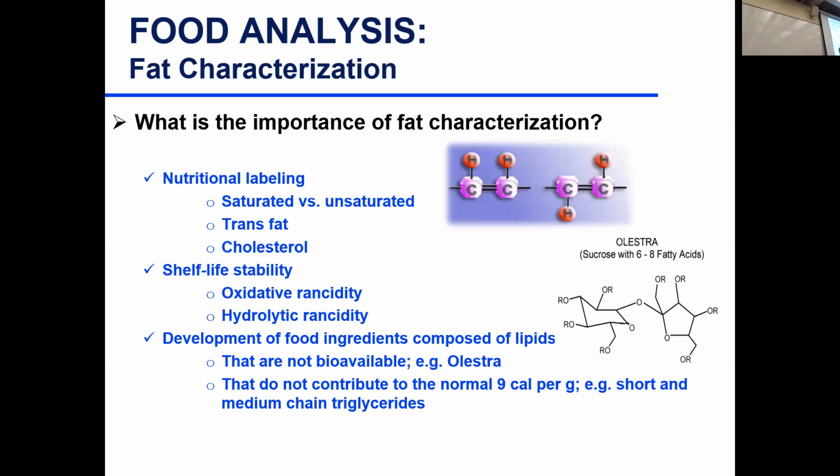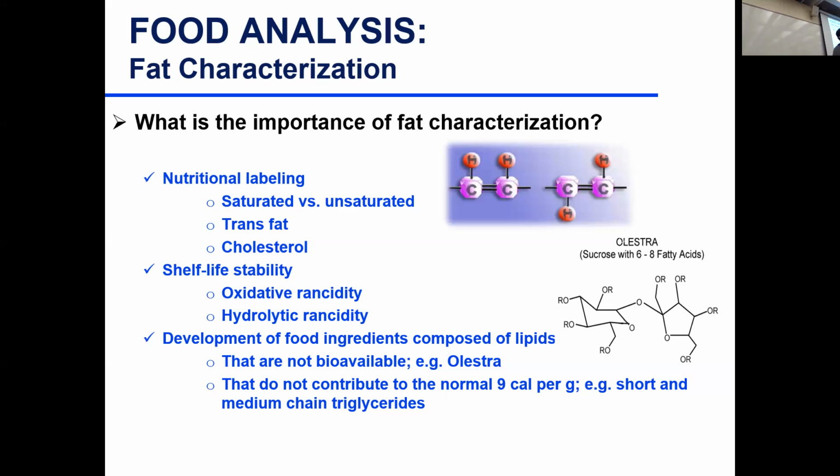When we develop ingredients, so for example, olestra, which is an ingredient substitute for fat, basically it's sucrose esterified with 6 to 8 fatty acids. It won't be digestible, so it will not contribute to calories. Another time we form mono and diacylglycerols.